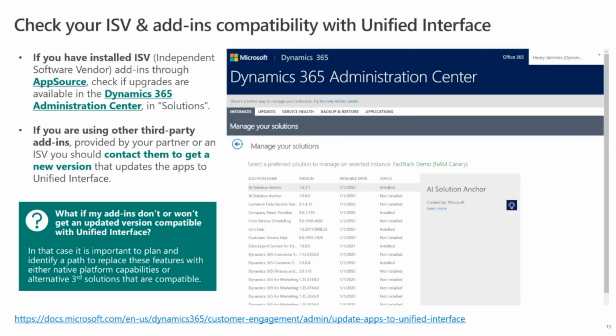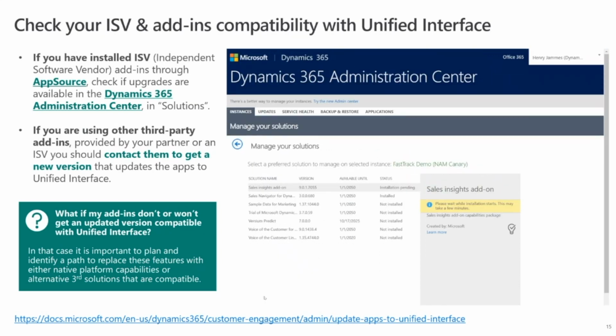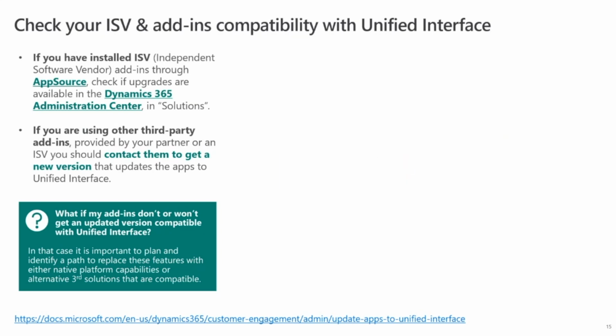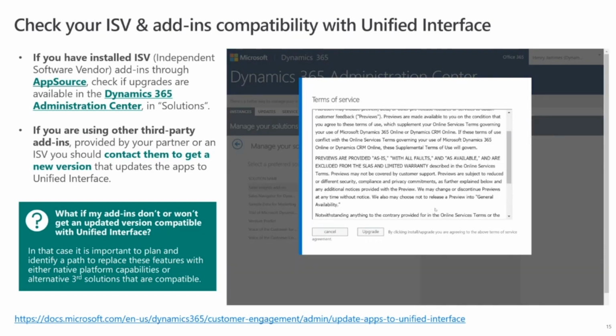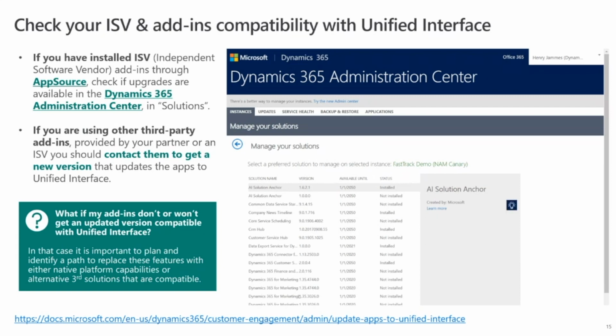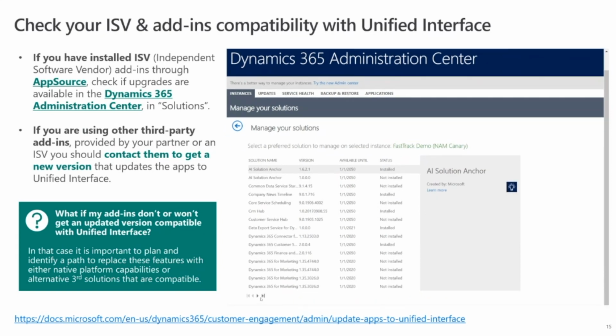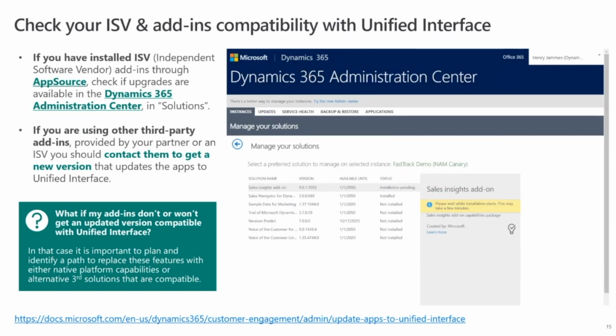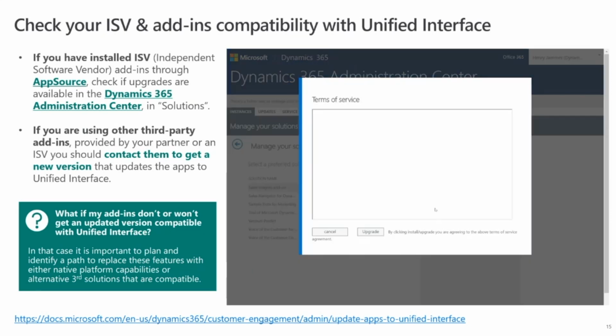For example, if you are using an ISV that brought editable grid features, then you can replace it with out-of-the-box editable grid features, or you need to identify new third-party solutions that are compatible. I put a link at the bottom to help you migrate your apps to the unified interface.